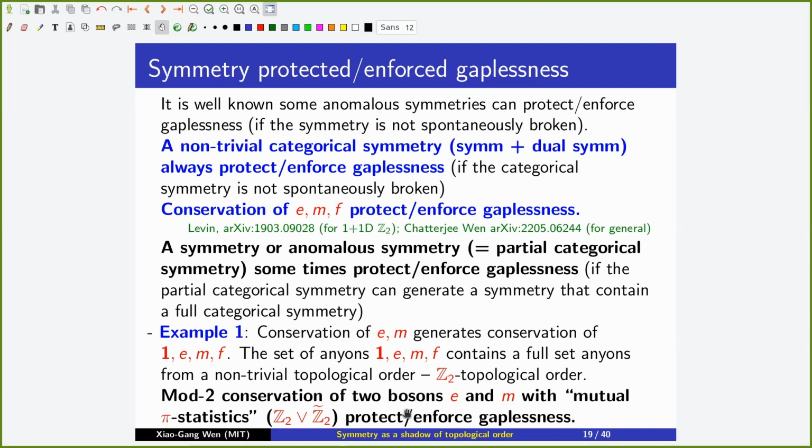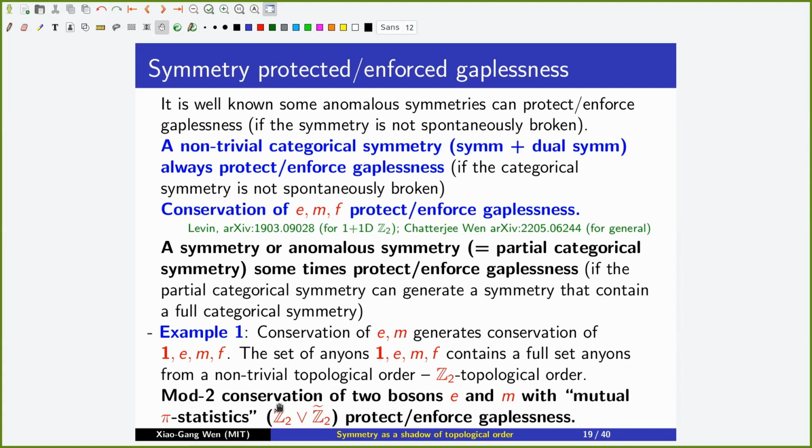gaplessness. Okay. So when we only refer to E and M conservation, then we say that we have two Z2 symmetries, two Z2 conservations of two bosons. This will protect and enforce gaplessness, provided that these two bosons have a certain feature: they have non-trivial mutual statistics.